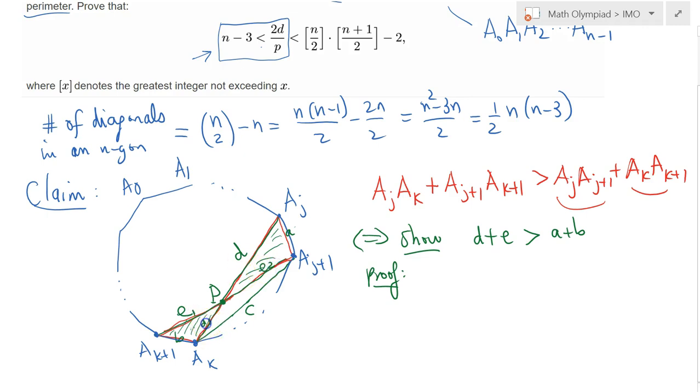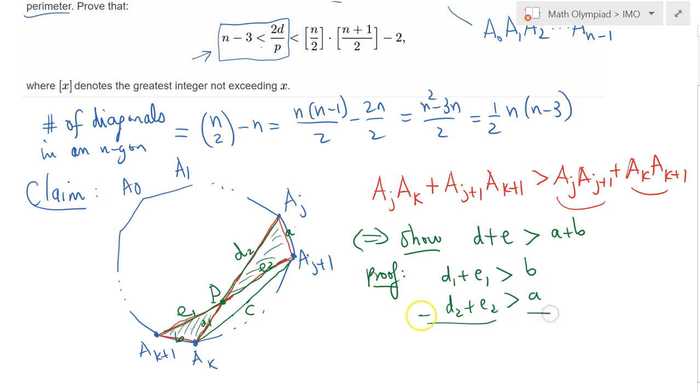Similarly, let's call this one D1 and this part D2. Applying the triangle inequality in triangle P Ak plus 1, we realize that D1 plus E1 is strictly greater than B. And now applying the triangle inequality in triangle Aj plus 1 P, we realize that D2 plus E2 is strictly greater than A.